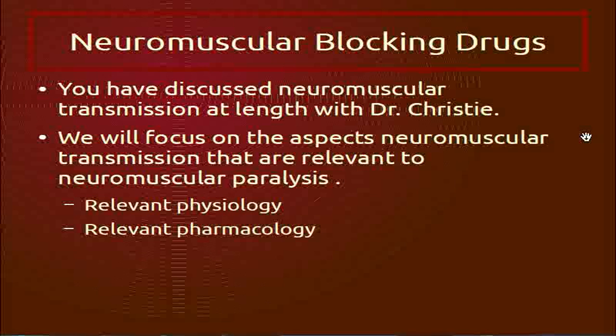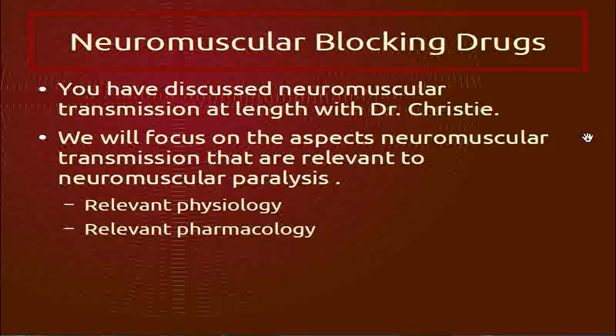Before we move on, are there any questions about the physiology at the neuromuscular junction? What are some of the important items that we more than likely are going to discuss? We already said the acetylcholine receptor. But we're also going to have to discuss acetylcholine. We're going to have to discuss vesicles.